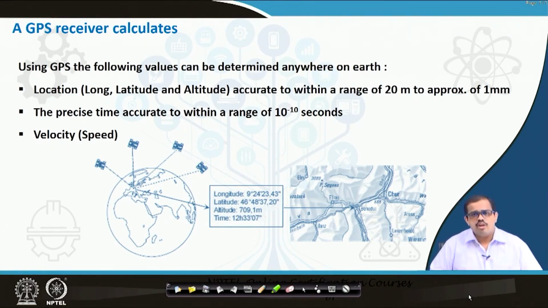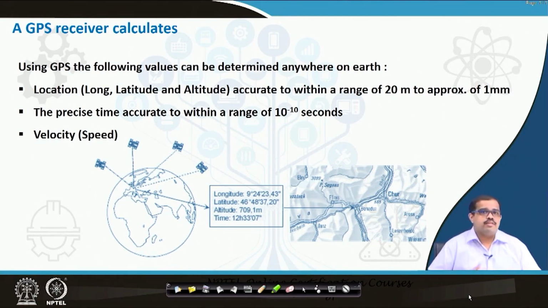Depending on the positioning service, the precision ranges from approximately 20 meters to approximately 1 mm. I'll come back to what kind of precision standards they use. In terms of representation, it is almost closer to 10 meters to 20 meters.